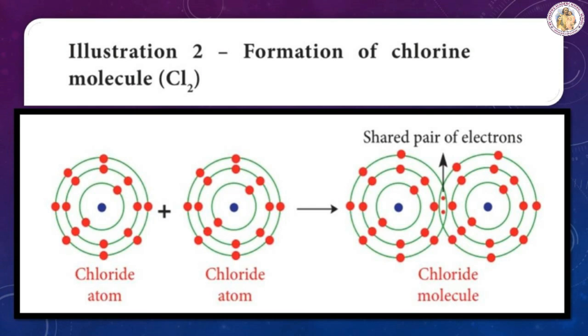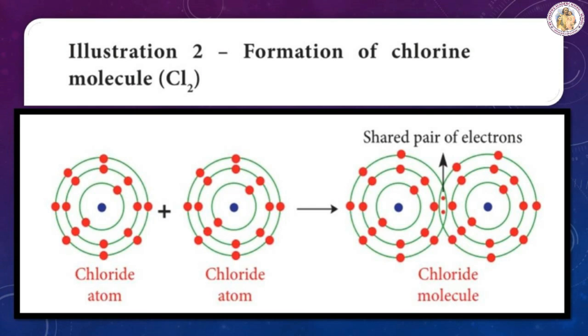It needs one more electron to complete the stable electronic configuration. The second chlorine atom also has 7 electrons in the outermost shell, so it also needs one more electron to complete the octet rule. So these two atoms combine, sharing one electron, and it completes the stable electronic configuration.